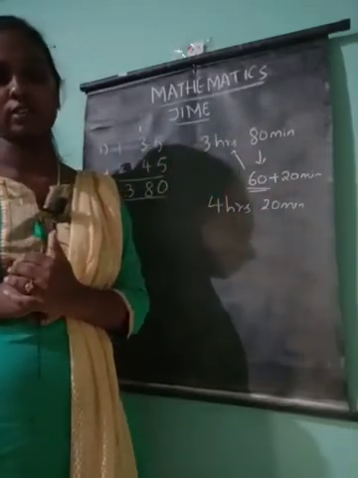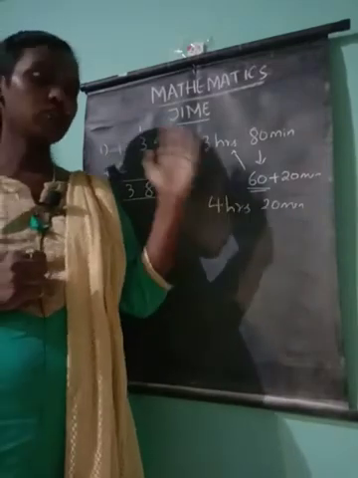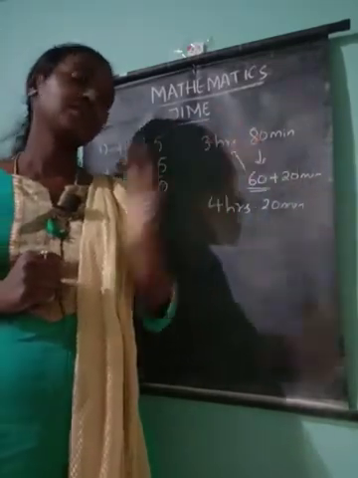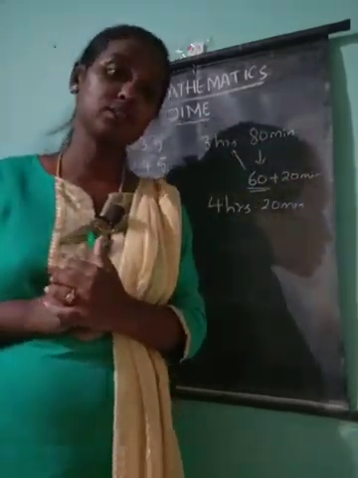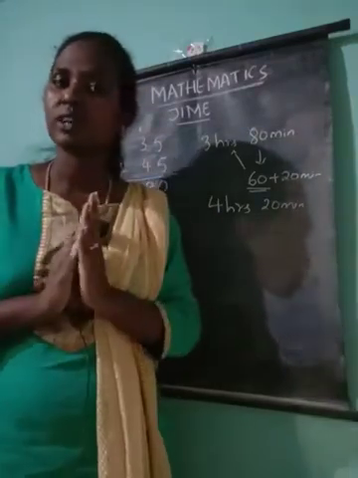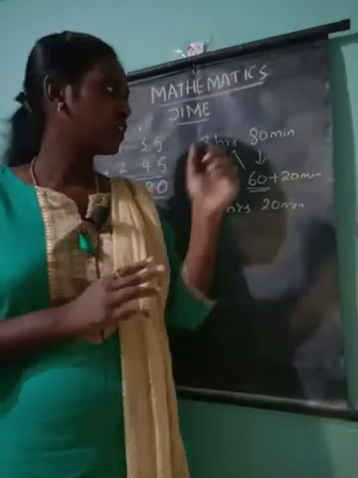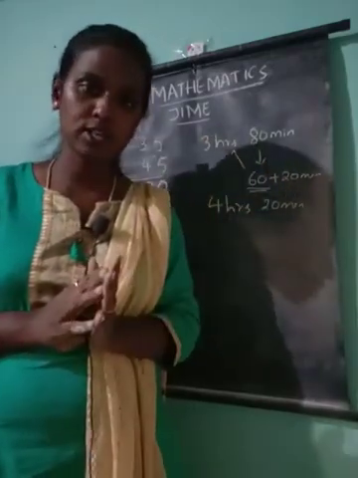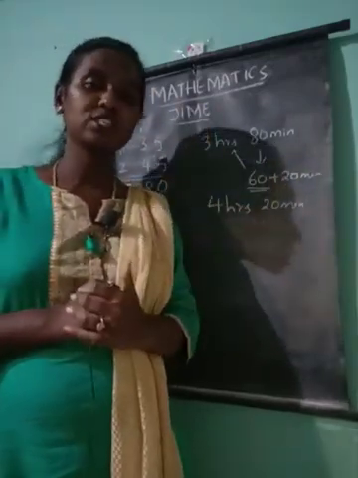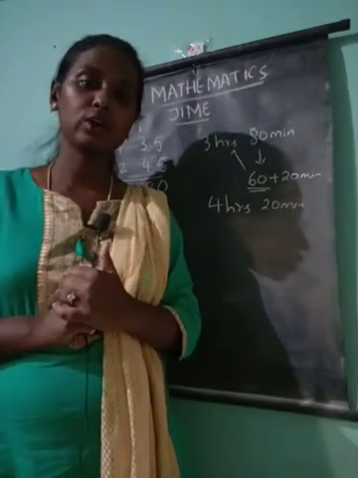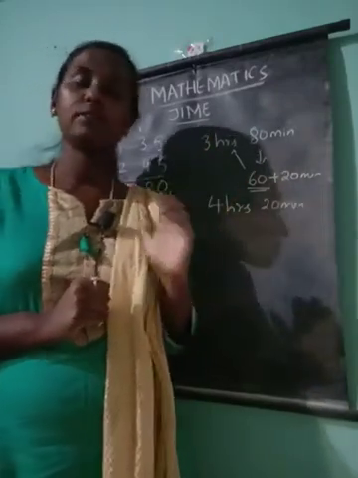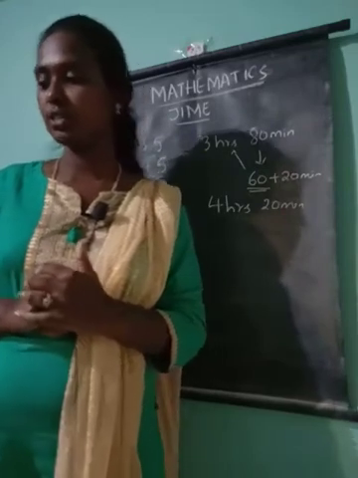If we get below 60 minutes, like 55 minutes or 40 minutes instead of 80, there is no need of converting it to hours, we just write it in minutes. Here we got 80, which is greater than 60, so we reduced 60, converted it into hours, and wrote the remainder. I hope you understood this.